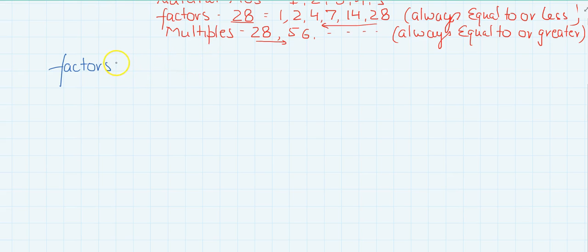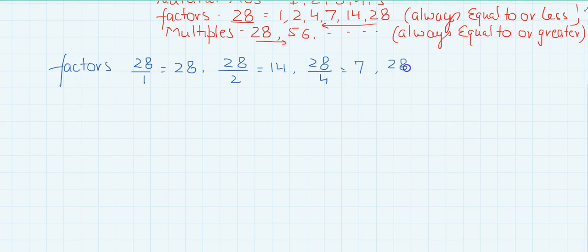As I told you, factors divide the number exactly. For example, 28 can be divided by 1, that is 28. 28 when divided by 2, we get 14. When 28 is divided by 4, we get 7.